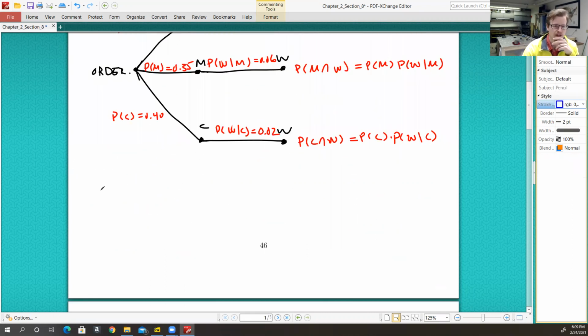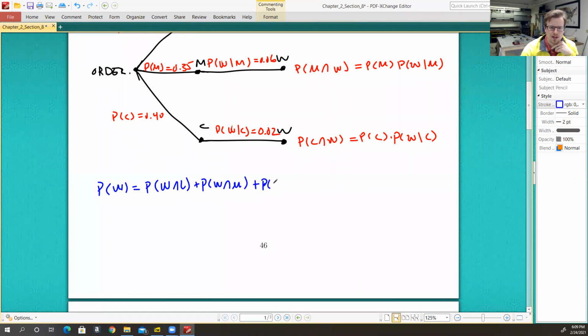And this would give us that the probability of a mistake is equal to the probability of a mistake and Larry fills it plus the probability that we have a mistake and Mo filled it plus the probability of a mistake and Curly fills it.